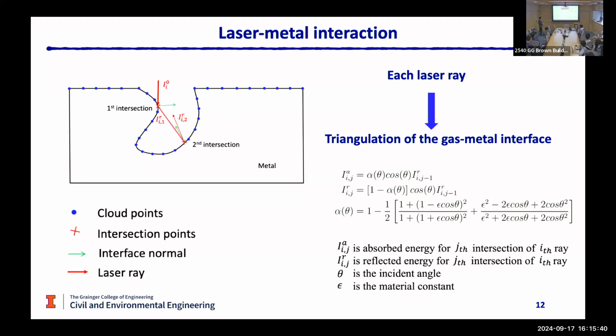And at each point of the intersection, how much energy is absorbed and how much energy is reflected depends on the incident angle as well as the material properties, right? And we trace every intersection point between the ray and the gas metal interface until either the ray leaves the melting pool or the ray energy becomes sufficiently small.